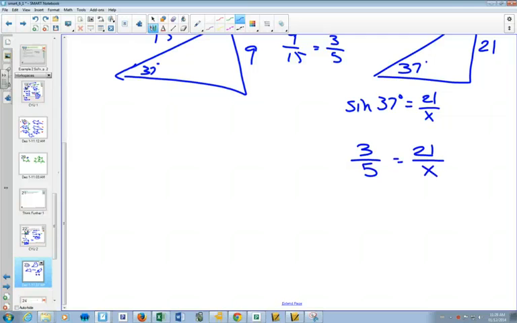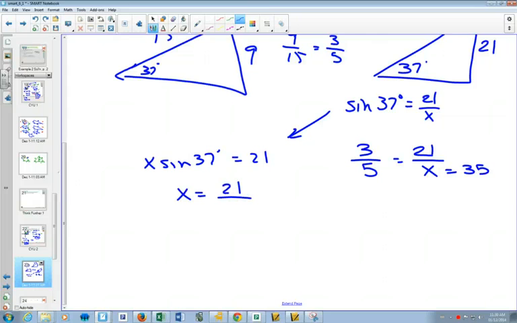Then what would x be? The only way this works is if x is 35. Let's actually do the math. You multiply both sides by x, then divide by sine of 37.